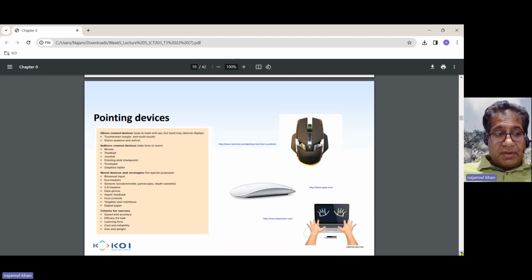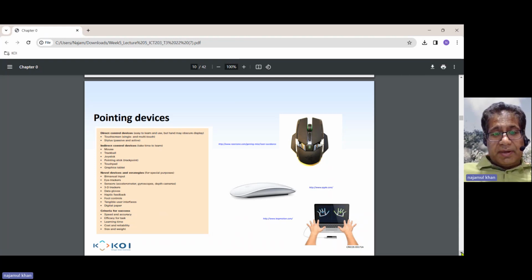Like, for example, touch screen, single and multi-touch. We're talking about stylus, which is passive and active. Some of these technologies can play an important role as well. Okay, now we all know the importance of indirect control devices, which are mouse, trackball, joystick, pointing stick, touchpad, graphics tablet. There are so many.